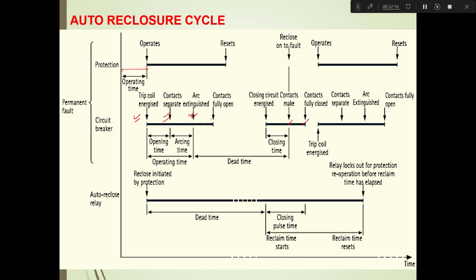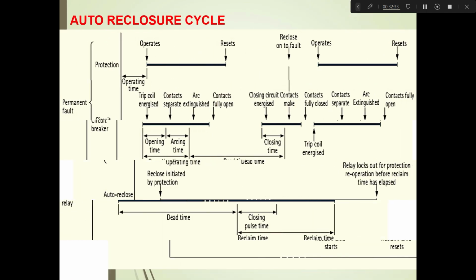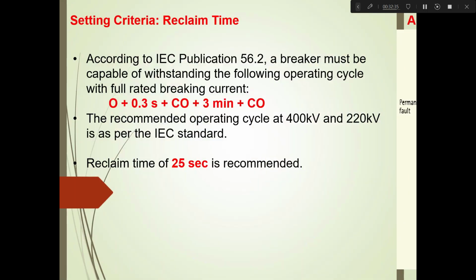Now if there is another second fault, suppose there is a second fault at this point of time, the breaker will see the second fault within this reclaim time, so it will issue a three-phase trip command and the breaker will go into the lockout mode. So this is the basic of the auto reclosure.